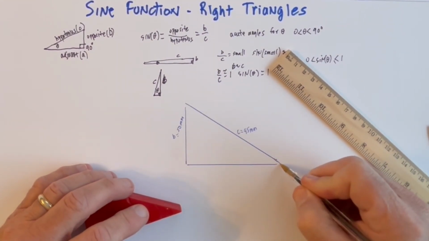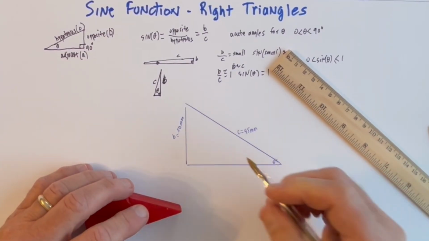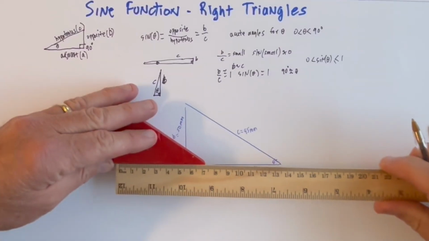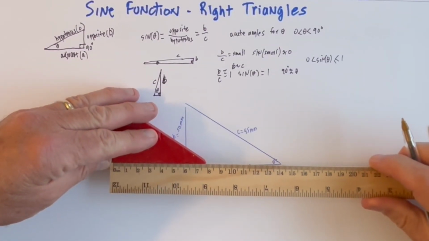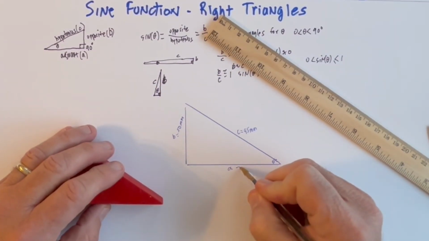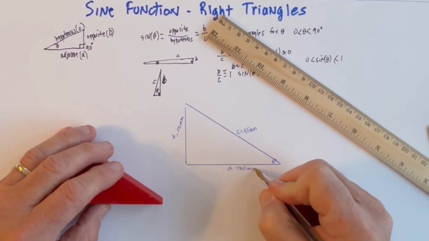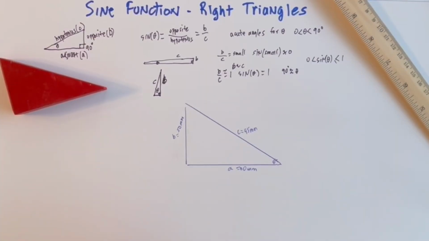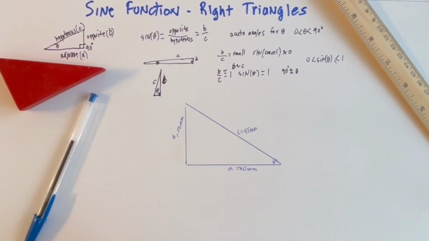We're going to call this our angle theta. And then this is going to be our adjacent side. That measures out to right at about 80 millimeters.